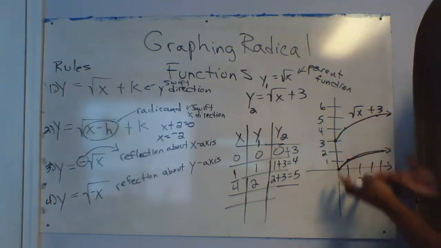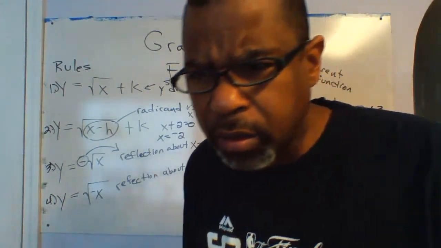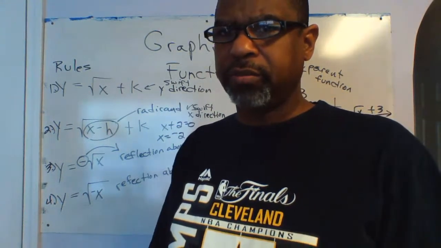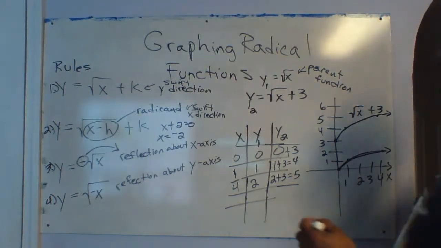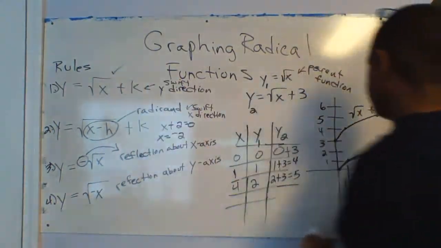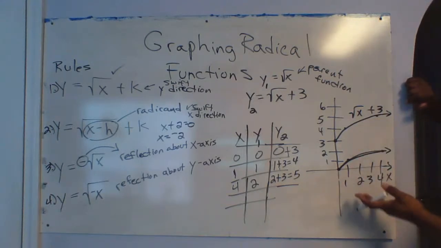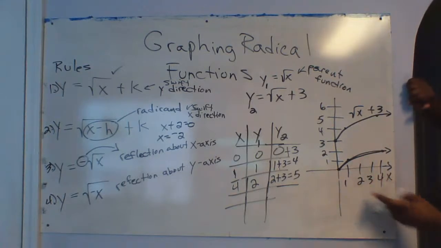It's the same graph, I just shifted up. All right, are there any questions? So we've got rule 1 out of the way because this 3 out here is positive. Now, if I were to make this a negative number, say if this was -2, it would just shift down. It's the same graph, it would just go down 2 spaces.